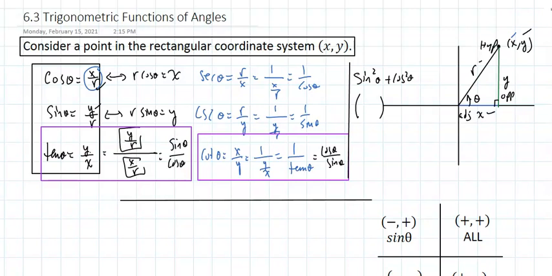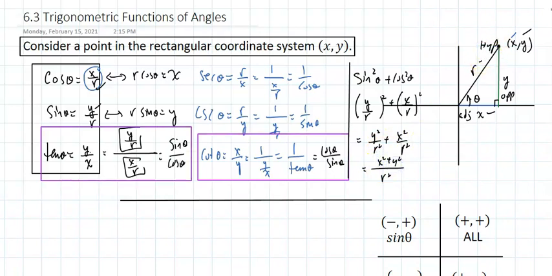It's always positive. Sine is the opposite over the hypotenuse squared. Cosine is the adjacent over the hypotenuse squared. Wouldn't you say that's y squared over r squared plus x squared over r squared? Wouldn't you say all over r squared, that's x squared plus y squared?